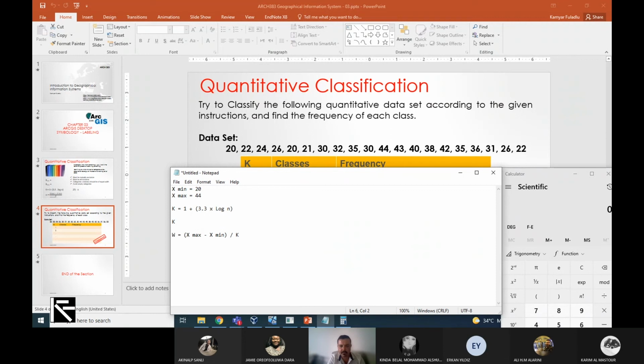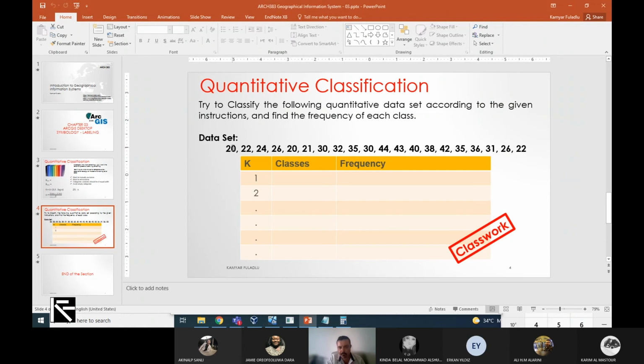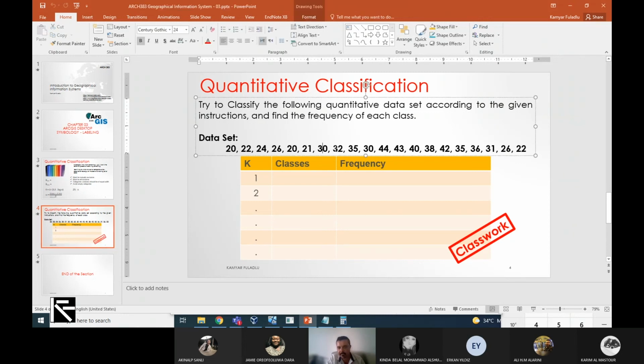My first formula says K equals 1 plus 3.3 multiplied by logarithm n. What is n? I said it is the member number. How many members do we have? 1, 2, 3, 4, 5, 6, 7, 8, 9, 10, 11, 12, 13, 14, 15, 16, 17, 18, 19, 20.